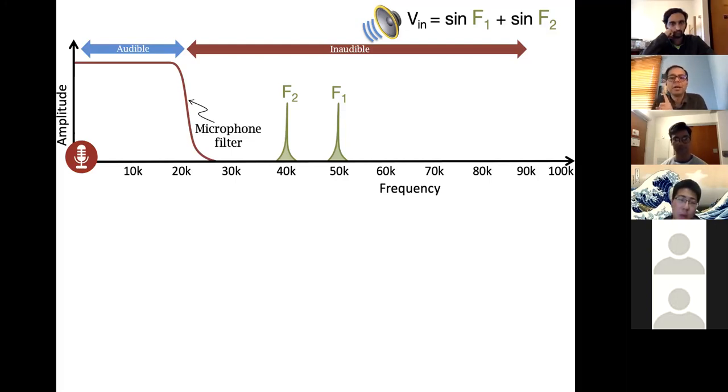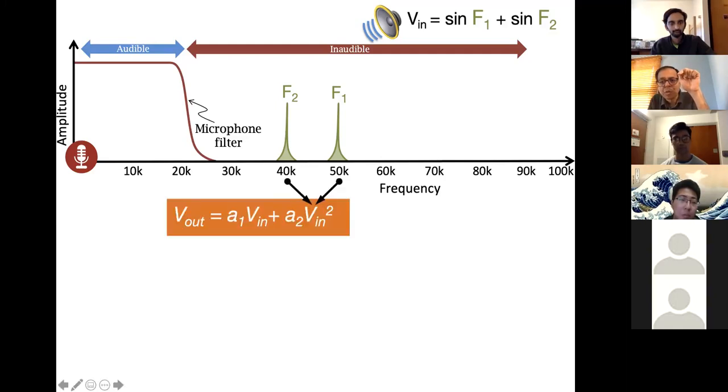Very good. But sine F1 plus sine F2 is actually hitting the diaphragm and the amplifier in its nonlinear range. So what happens is this linear part, which is A1 V in, gets filtered away. We don't worry about that.